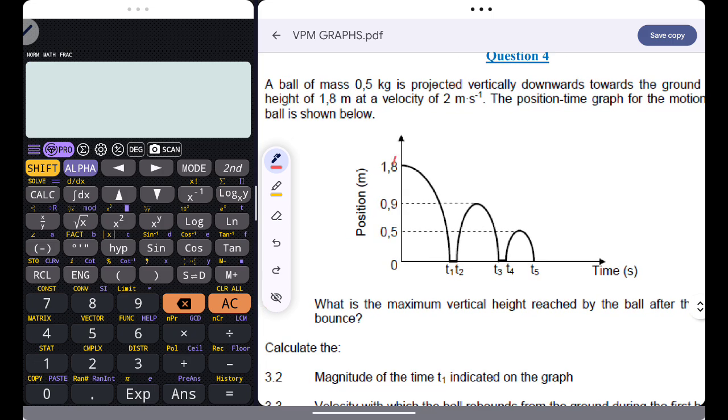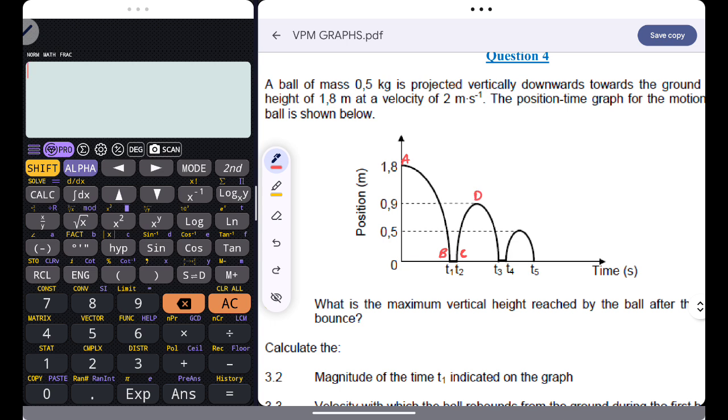This is the initial position, the position where the ball was projected. I'm going to reference it as position A. Then I'll have position B when the ball reaches the ground. Position C, that's when the ball leaves the ground after the first bounce.